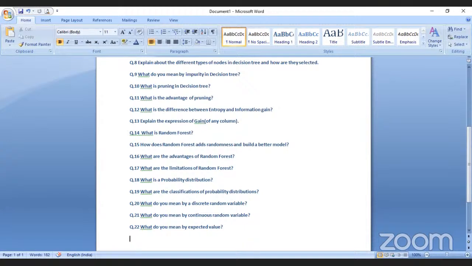Then we'll talk about data types. What do you mean by data types? In programming, a data type is a classification that specifies which type of value a variable has. When we are working with a data set, it has a number of columns. Those columns are the variables.